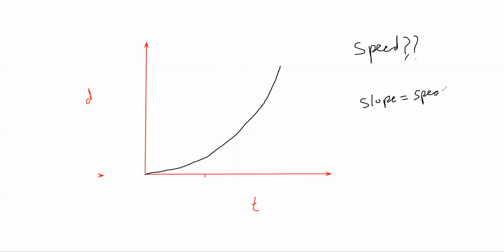So what happened to the slope here? It's increasing. So if the slope is increasing, it means the speed is also increasing. We'll discuss only the end points regarding the slope in this session.